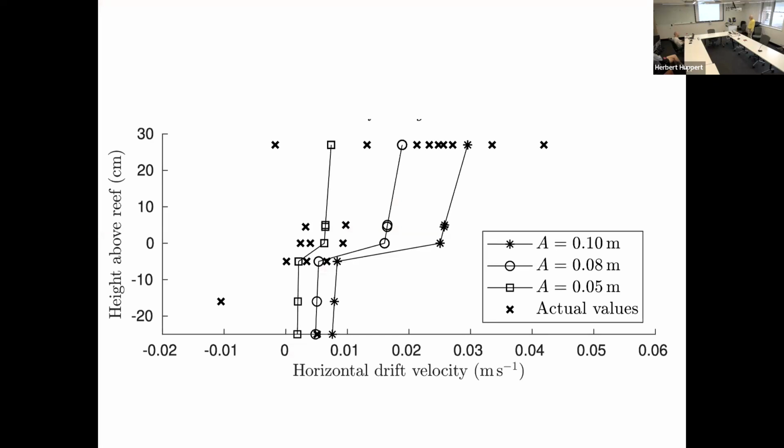Now, for different wave amplitudes, we can calculate the horizontal drift velocity, and Mimi's measurements are shown with these crosses, because it varied a little bit from one day to another and exactly where she was on the reef.